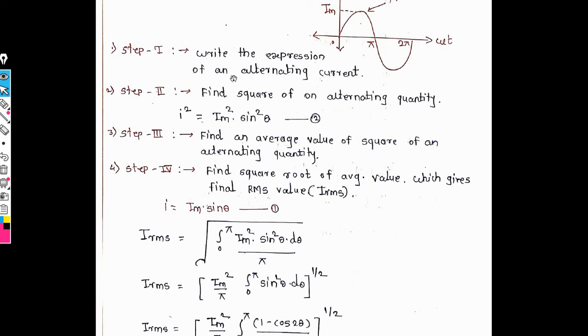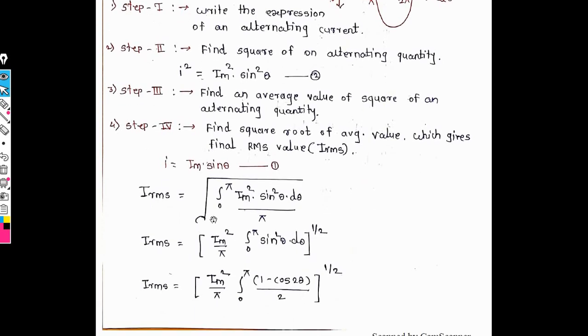This step is applied to the alternating current equation I is equal to Im sin θ. Then we take the square of this equation, I square is Im square sin square θ. Finally we take the square root of the average value, that is IRMS is equal to the square root, and this is step 4, where the waveform is a half cycle.